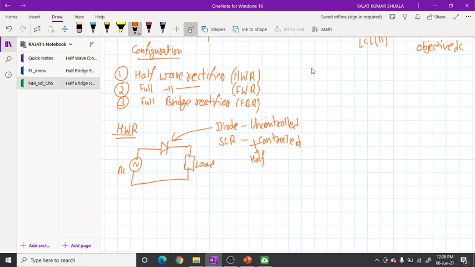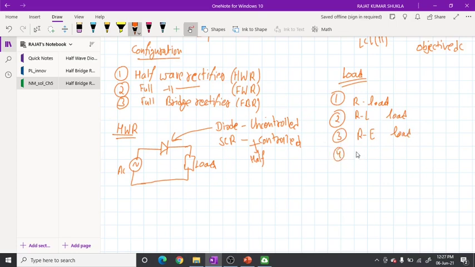Let me show you what kind of loads there are in the case of a rectifier. The first load is the R load. The second is the RL load. The third is the RE load.